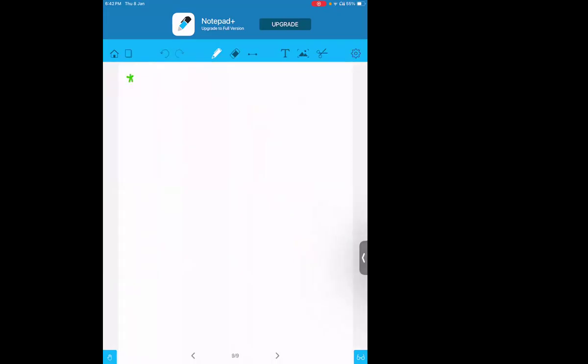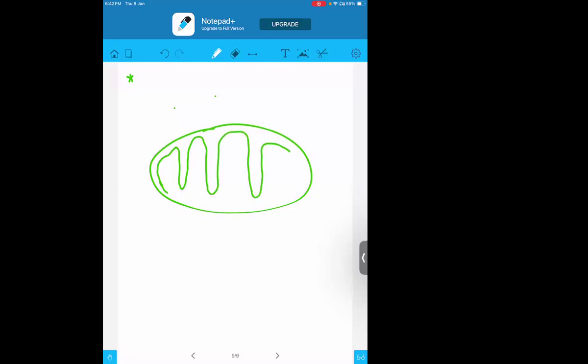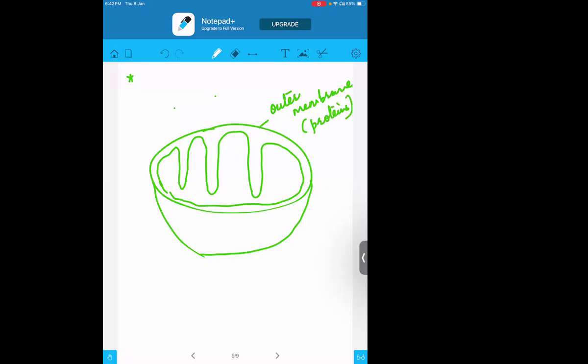Now, they have a structure which will be like this. Inner membrane and outer membrane will be there. This is the outer membrane. They have specific kinds of proteins present in them.